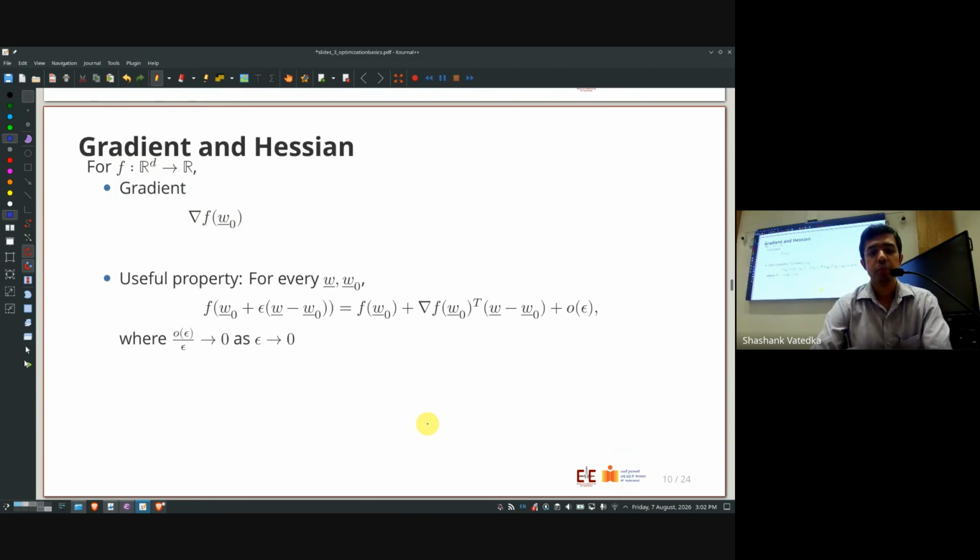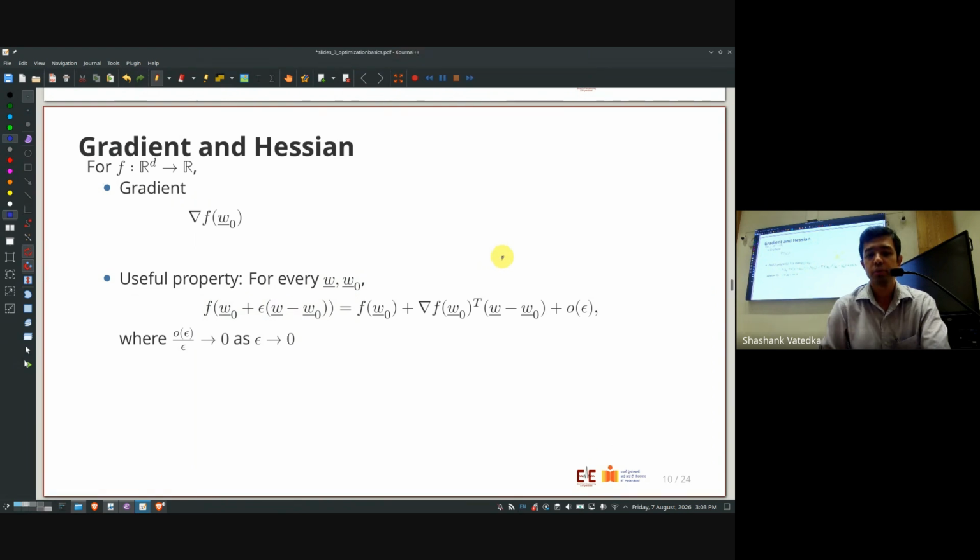A useful property of the gradient, which you may or may not have seen before, is the following. If you take two vectors w and w0, then consider f of w0 plus epsilon times (w minus w0).